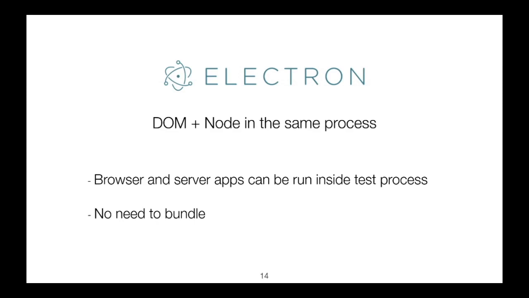So now I'd like to demonstrate to you the real application. It's a demo application where I run a couple of tests, full stack tests with the browser side, with the server side, and with the database, using Electron.